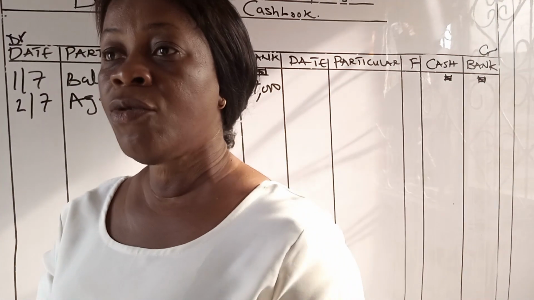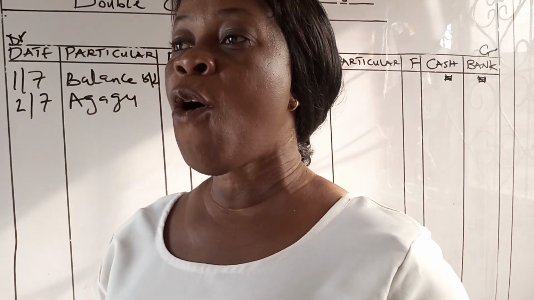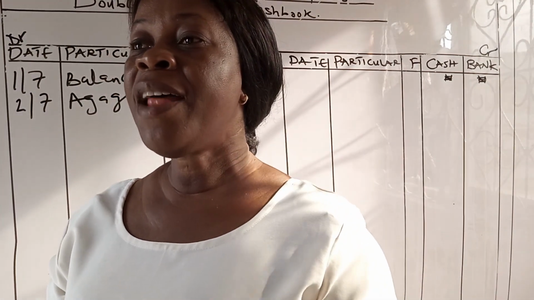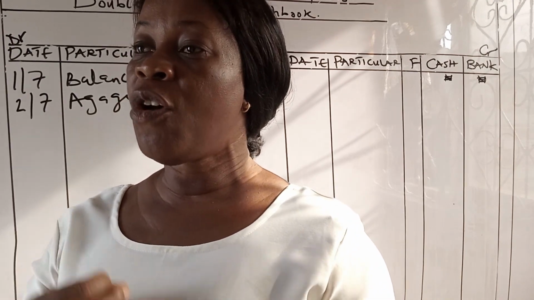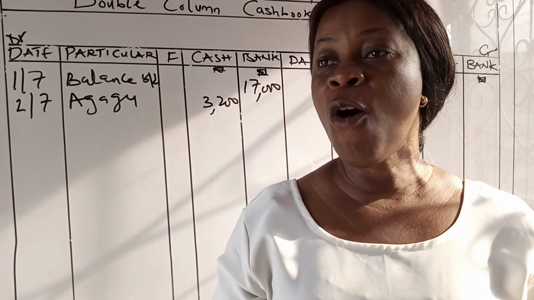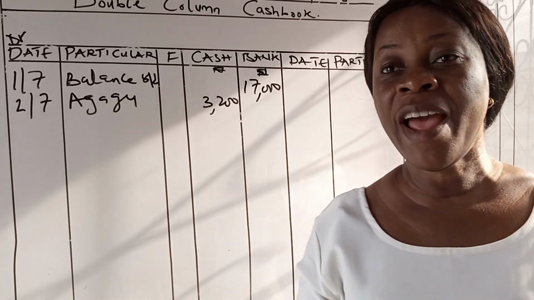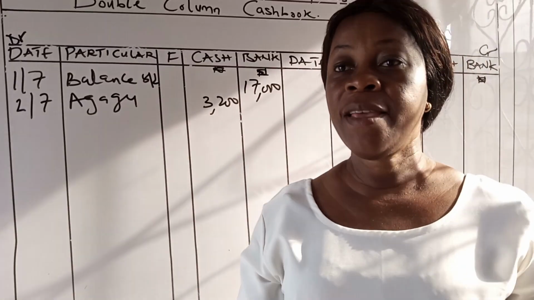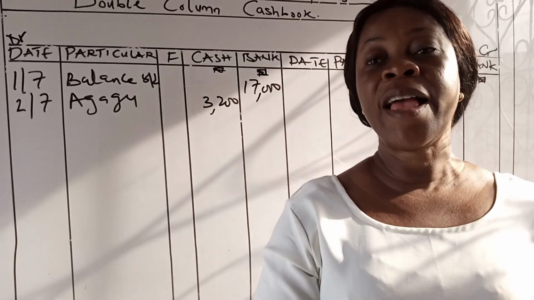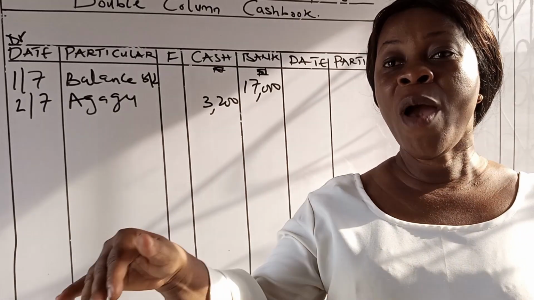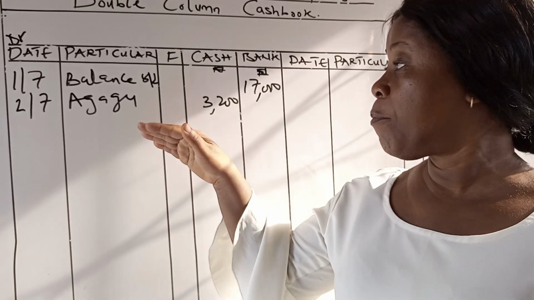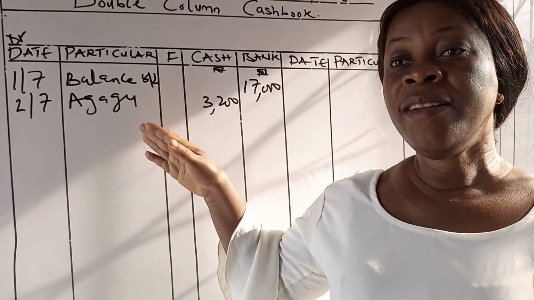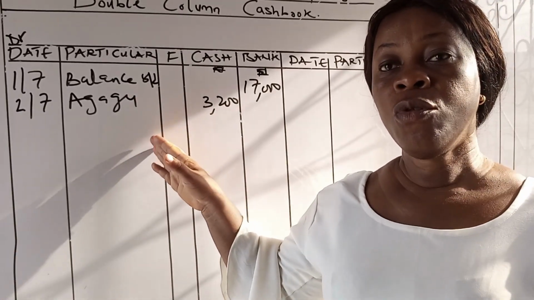July 3rd, withdrew cash from bank for office use. Whenever cash is being withdrawn from bank for office use, that's a contra entry. That is movement from bank into cash account. So double entry principle is applied inside this cash book.